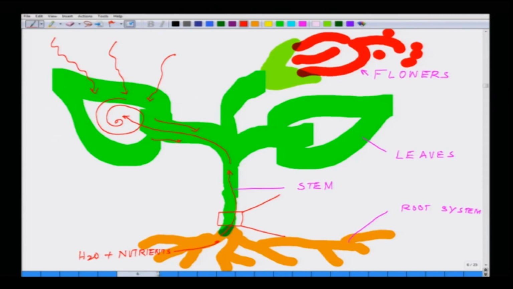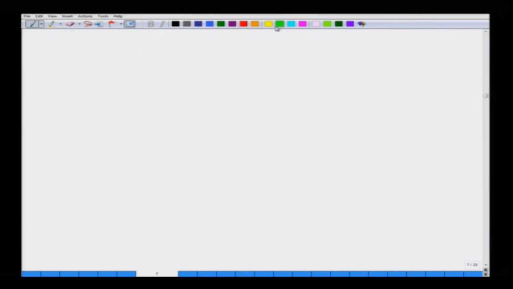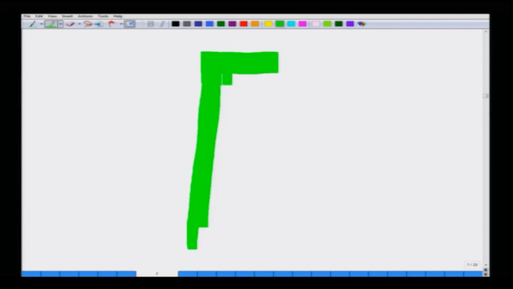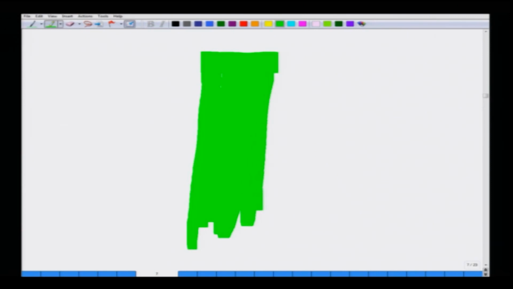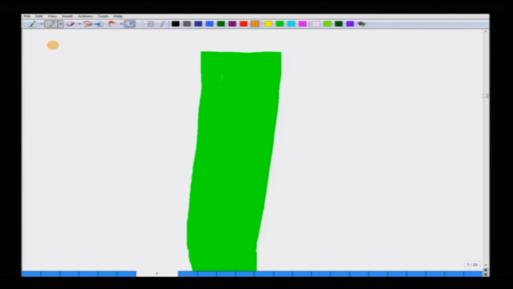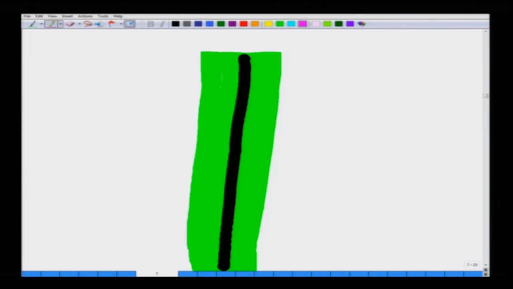Okay. If you see the cross section, it will look something like this. The cross section has, okay, this is not the right way.